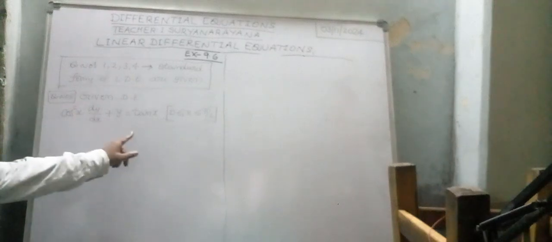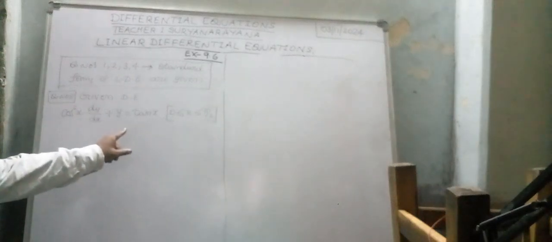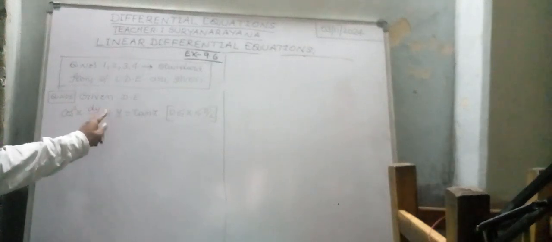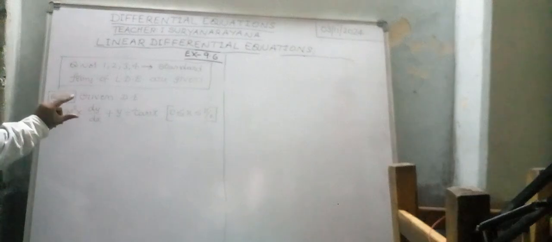Observe this linear differential equation. This is not in the standard form. What is the standard form? In the standard form, the first term should be dy by dx only; its coefficient is always 1, not any other number.